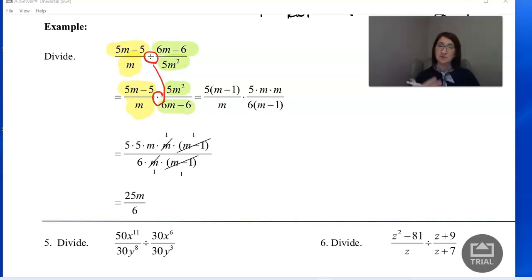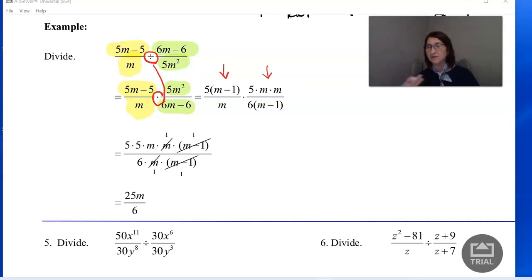Now that it's a multiplication problem, we can follow the same process that we were just using. So I'm going to take that 5m minus 5, and all we do is factor it. So that's where we get 5 times m minus 1. The m stays in the denominator. And then for that 5m squared, we just go ahead and we expand it out.